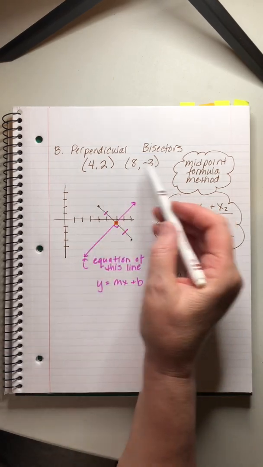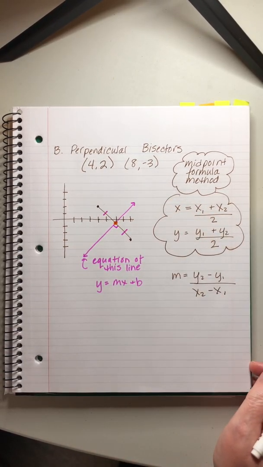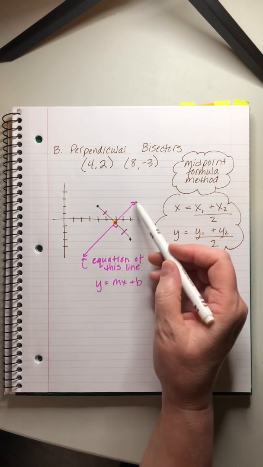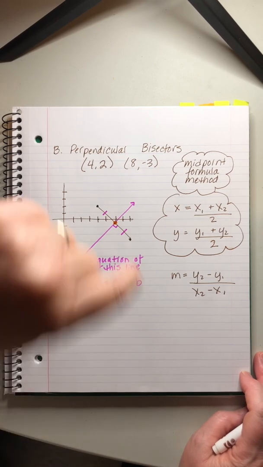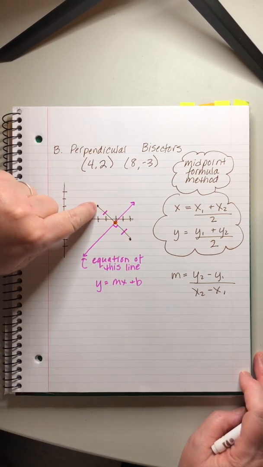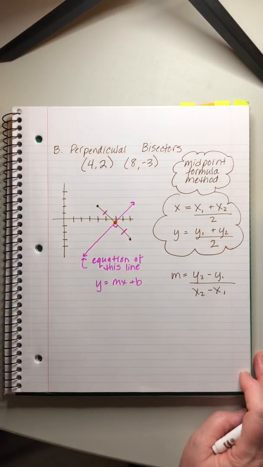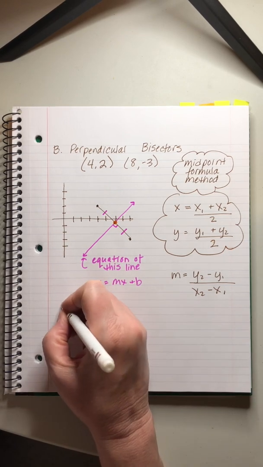Because we have 2 pairs of points on that line, but we couldn't use this formula for this line because we're only going to have 1 point. But if we could find the slope for this line, what do we know about how that would relate to this one? Oh, slopes that are perpendicular, or lines rather.